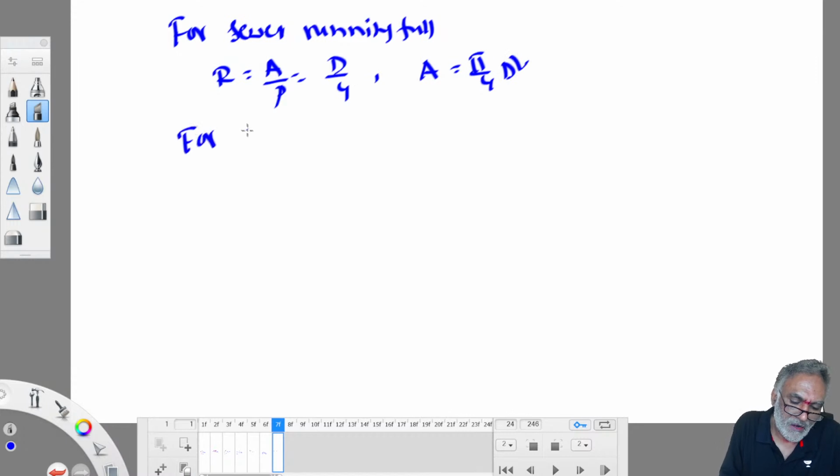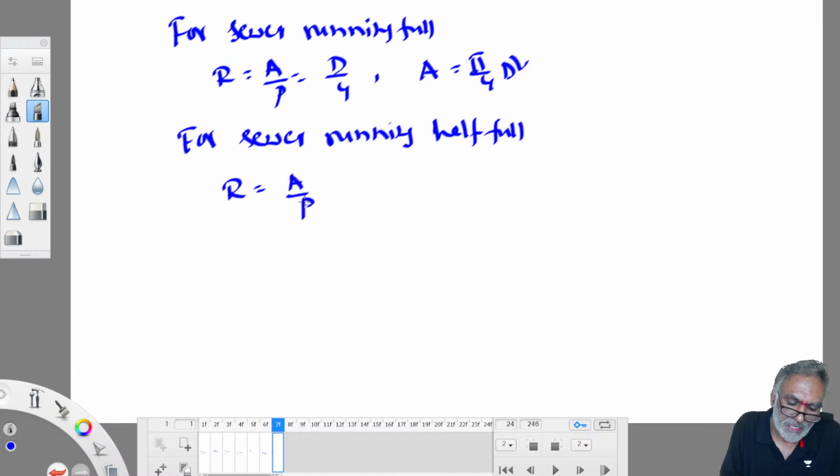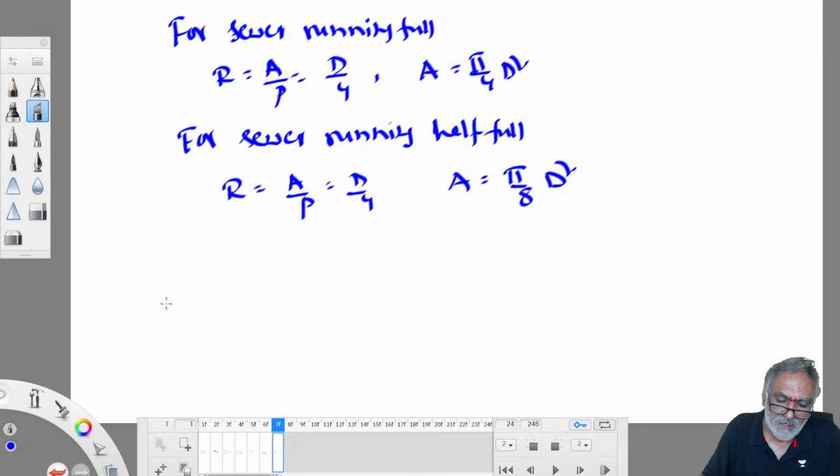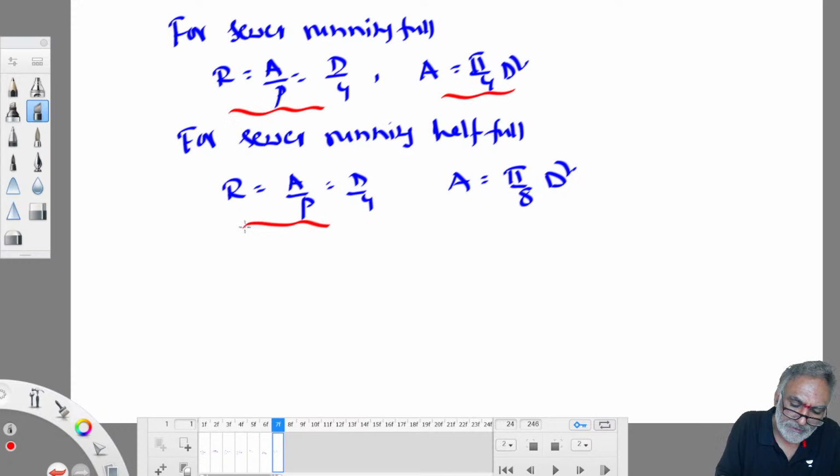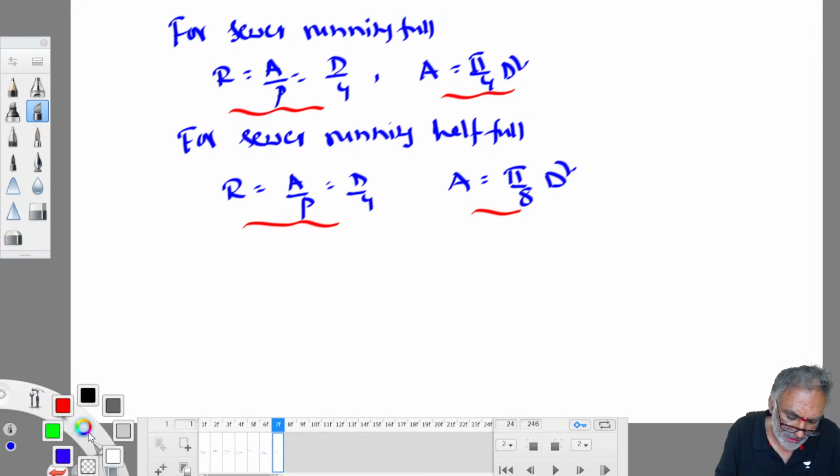For sewer running half full, R is still A by P, equal to D by 4, but area is equal to pi by 8 D square. So for sewer running full and half full, velocities are the same, but discharges are not the same. Therefore carefully we need to work out.